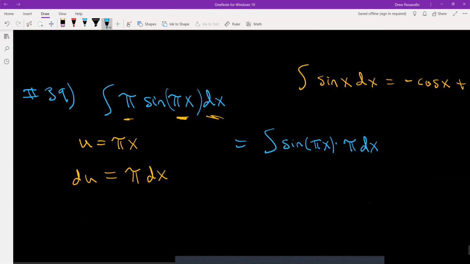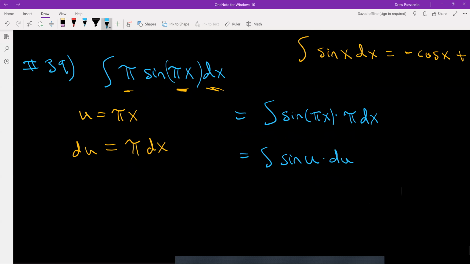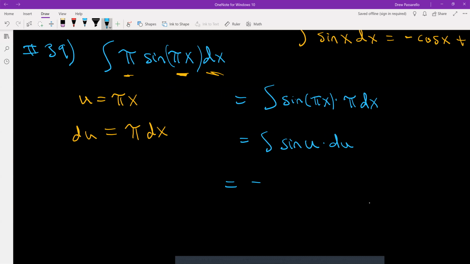So u is the pi x part. That's sine of u, and then pi dx is du. And we know sine becomes negative cosine. And then I just back substitute what u was. And u was pi times x.